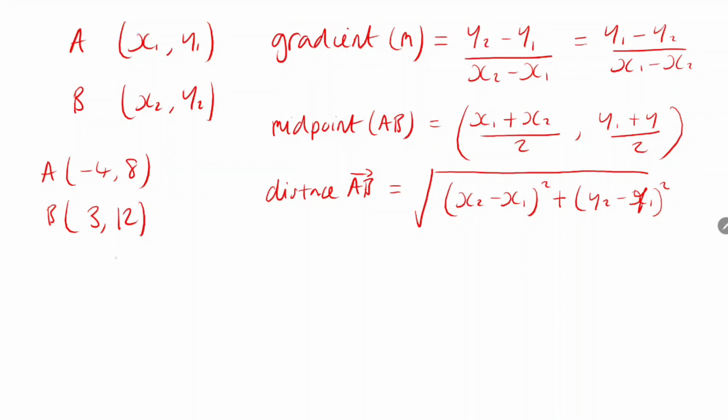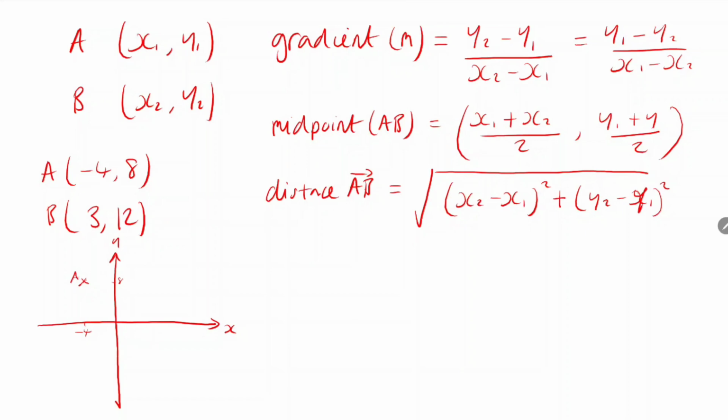One thing that I always encourage my students to do is to plot any coordinates you're given on a fictitious or an approximate grid, just to get an idea of whether your answers are going to be realistic. So if you were to plot the coordinates minus 4, 8, let's assume minus 4 is approximately here, and the 8 is approximately here.